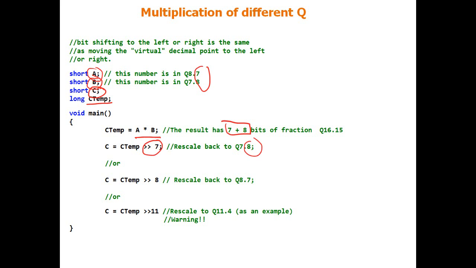We could go back by 8 bits and end up with 7 bits. We could rescale all the way to Q11.4. And I give a warning here: whenever you're shifting to the right, you're truncating fractional bits. So you got to think, how much precision do you want to retain? And that's completely up to you in your application.